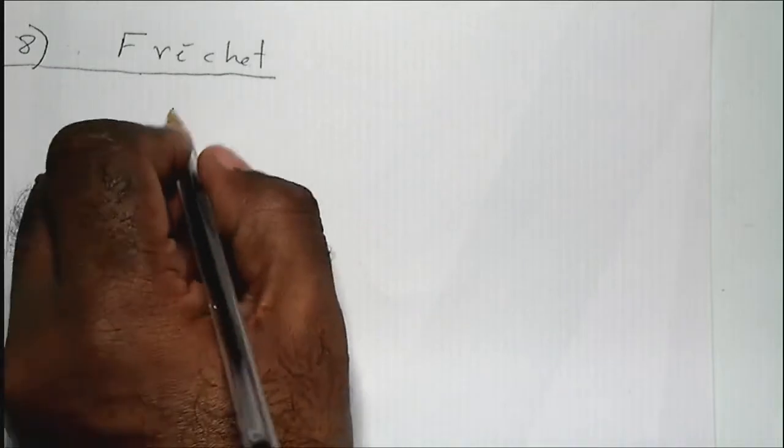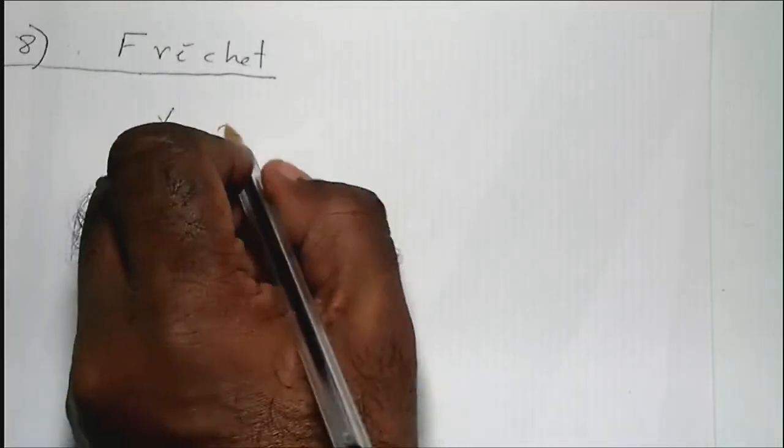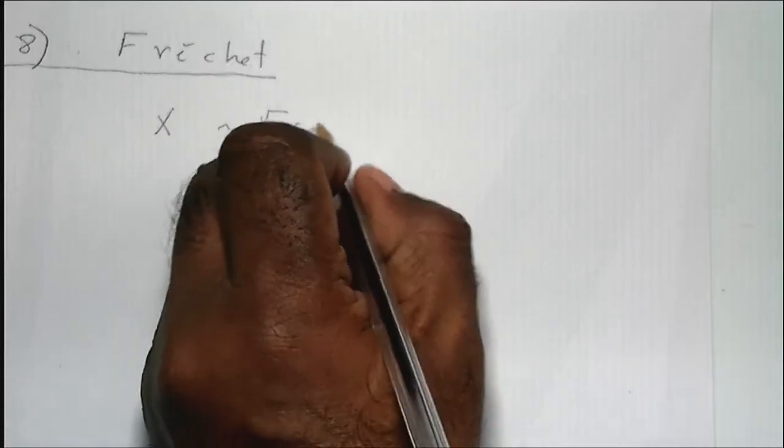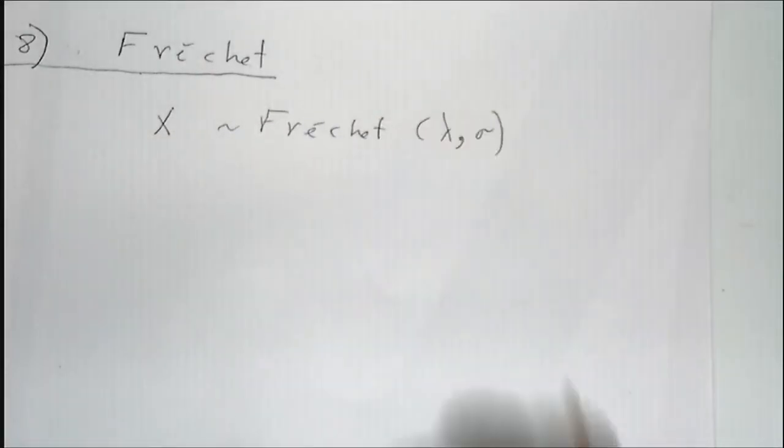Fréchet is a French mathematician, not as well known as Poisson, but the notation I will use for this is this.